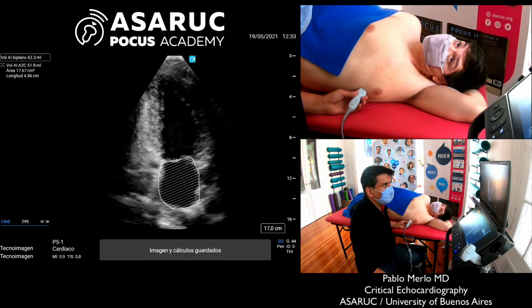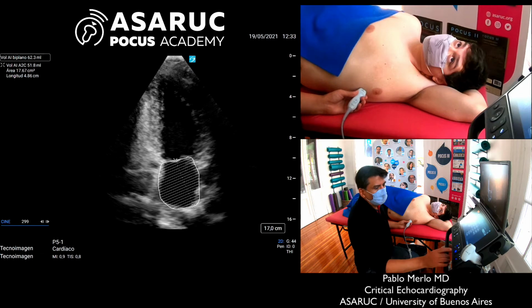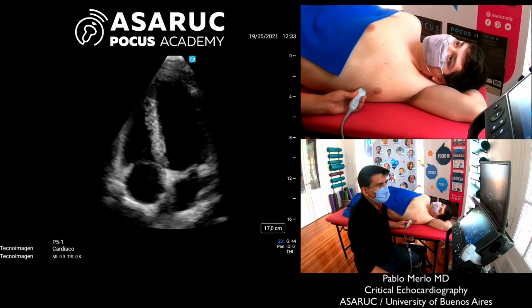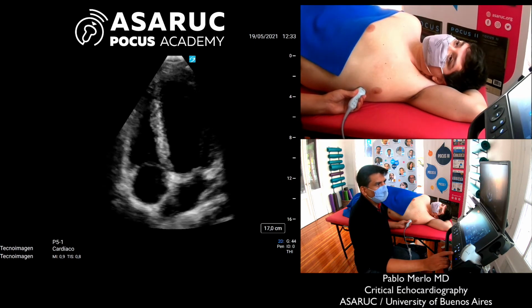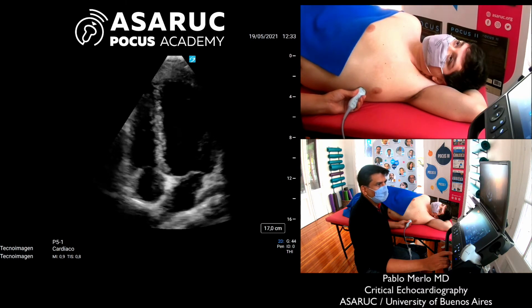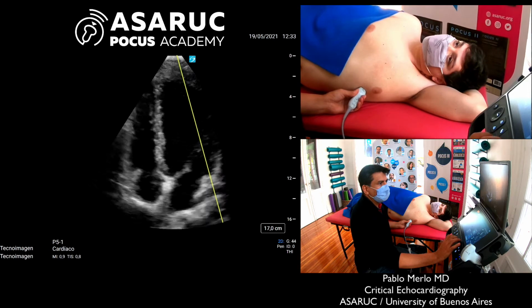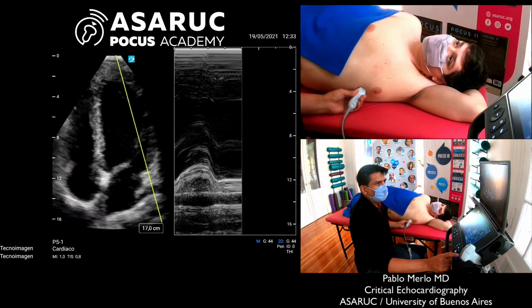The device will use the Simpson method to measure the left atrium volume, which is 62 milliliters, and needs to be indexed to the patient's body surface area. The normal value is up to 34 milliliters per square meter, so this patient's left atrium has a normal volume.